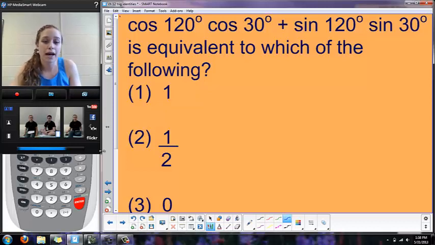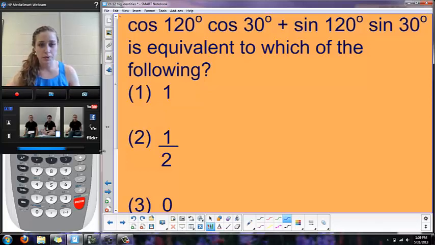Whenever you see that pattern, cosine times cosine plus sine times sine, you're going to be going right to your reference sheet right away, and you're going to look to see which equation matches that pattern. If you look at the cosine of A plus B and the cosine of A minus B, they both go cosine times cosine plus or minus sine times sine.